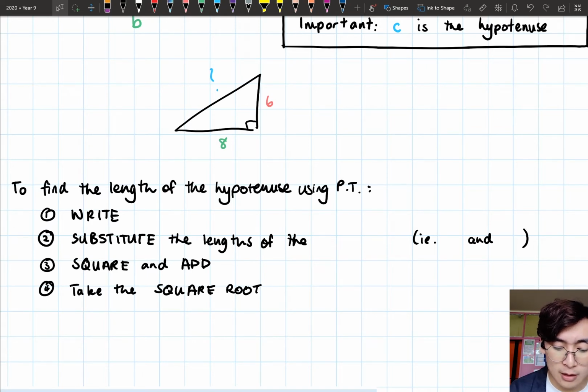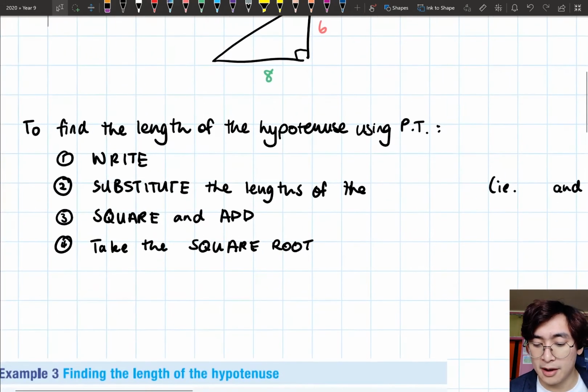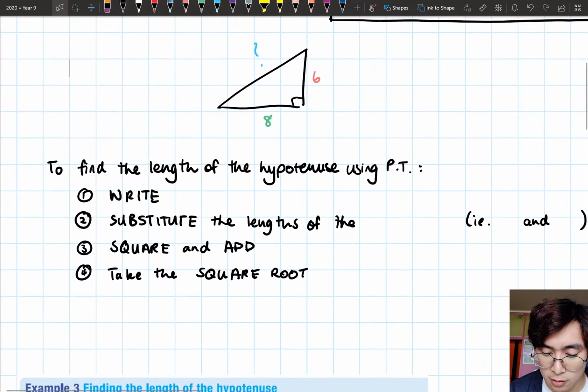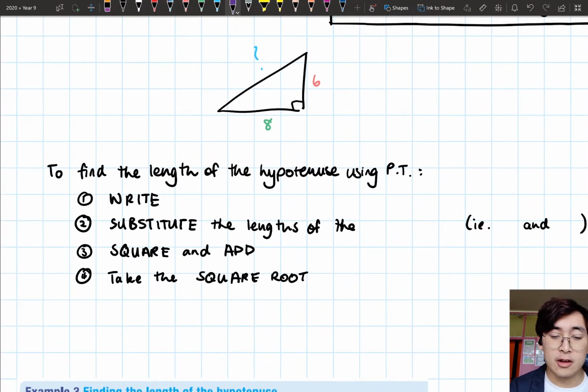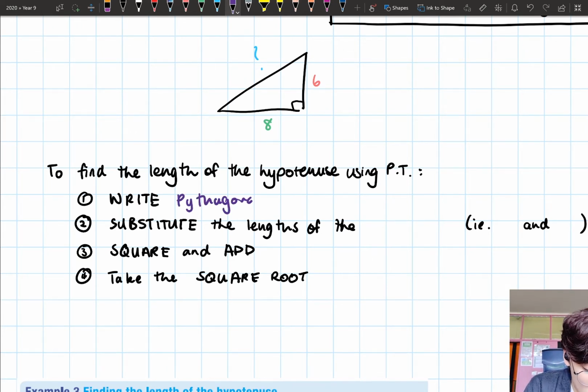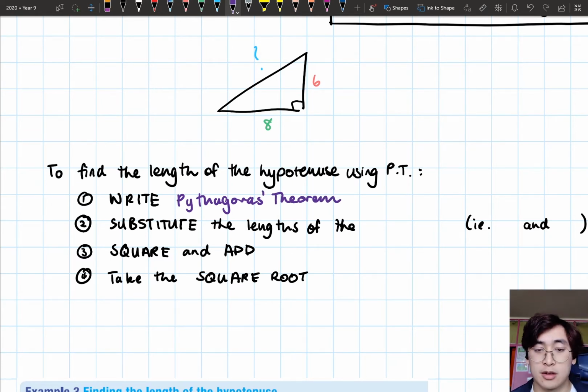Now, when we're trying to find the length of missing sides using Pythagoras' theorem, I'm just going to zoom in here. The first step is we write out Pythagoras' theorem. Earlier I think I've said when you're using a formula, always write out the formula. That's something I've always said about using formulas.